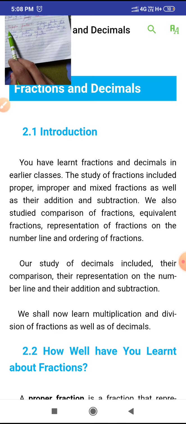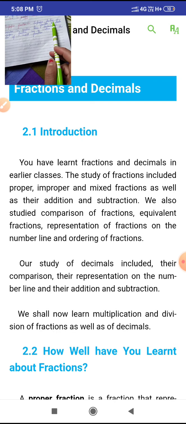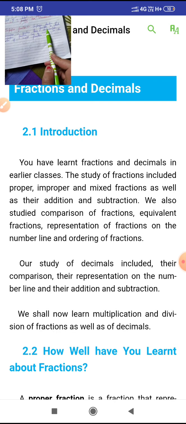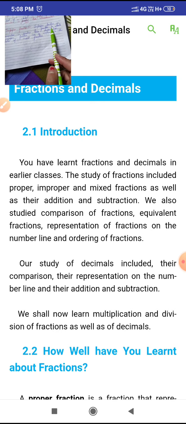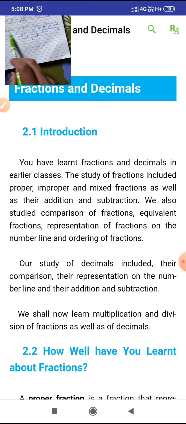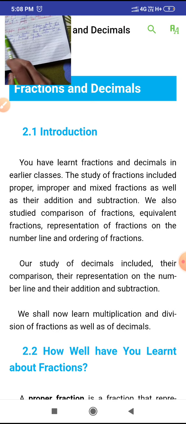Next term is improper fraction. An improper fraction is a fraction in which the numerator is greater than the denominator. If in any fraction the value of the numerator is greater than its denominator, then we say the fraction is an improper fraction.